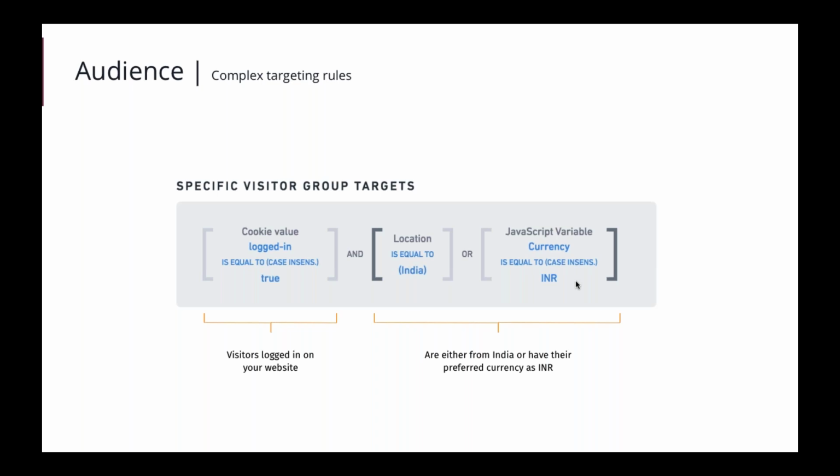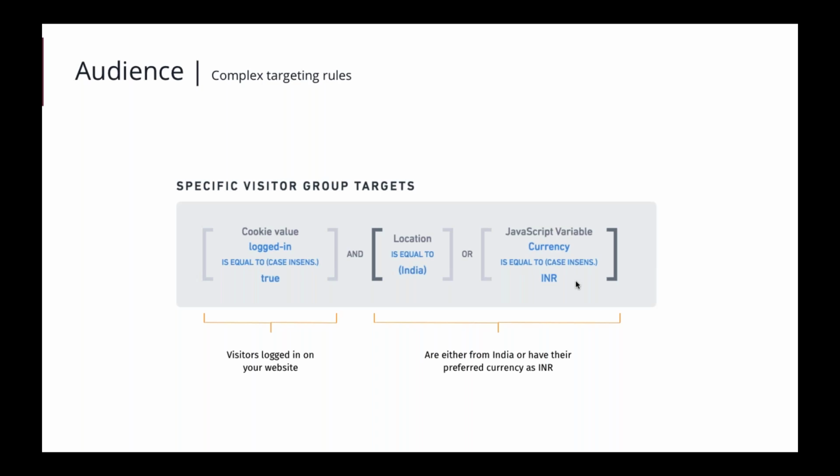Now let's switch over to the audience part where you can actually build complex targeting rules. So let's continue with the same example and also understand how you can set up targeting conditions for this particular test.